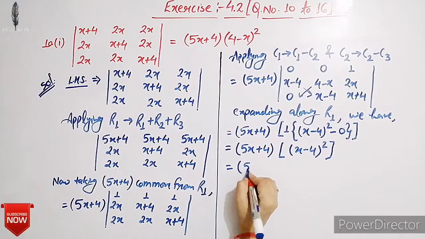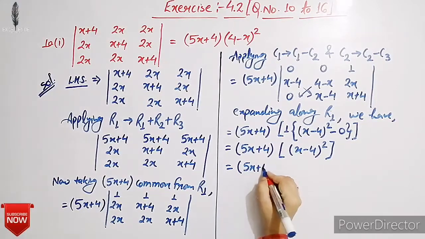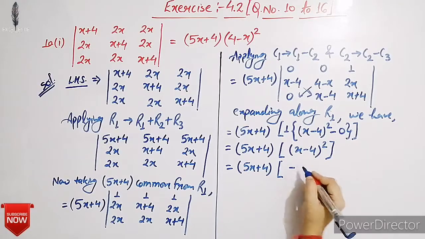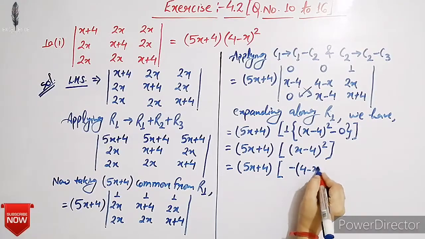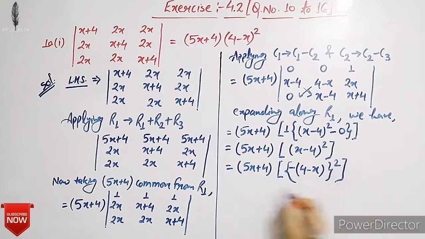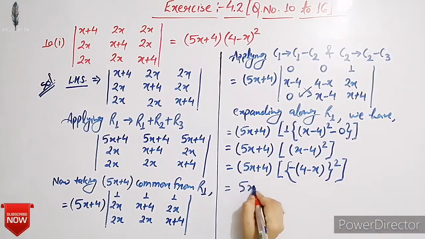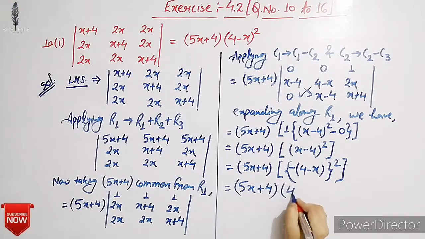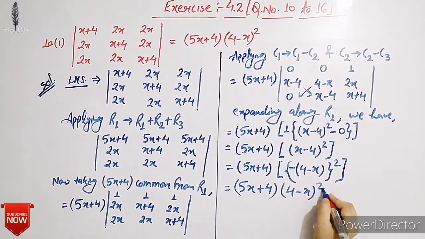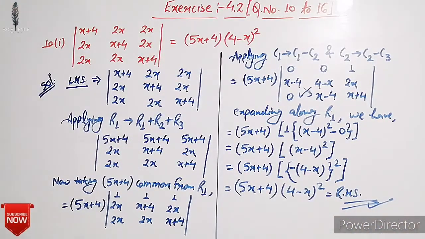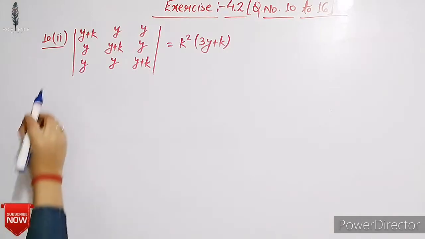That can be written as 5x plus 4 into minus 4 minus x whole square. That is equals to 5x plus 4 into 4 minus x whole square equals to RHS. Hence proved.